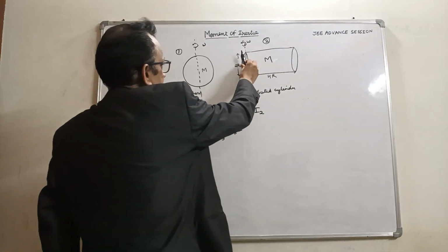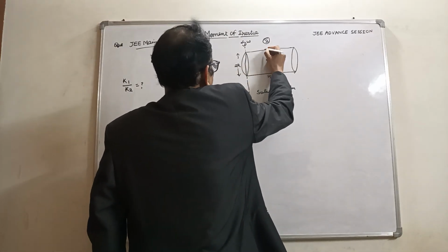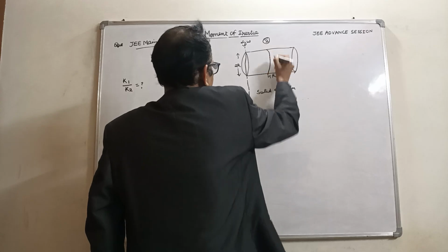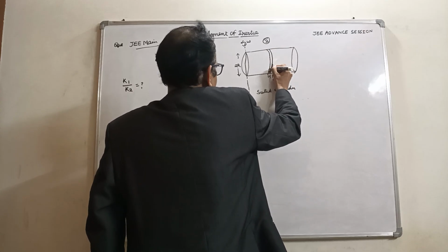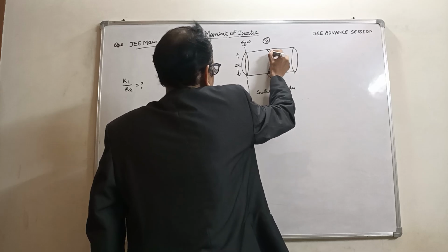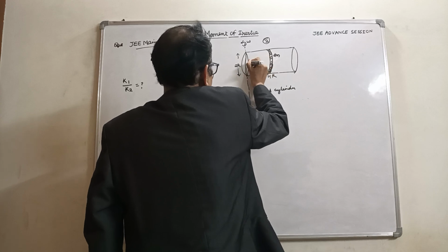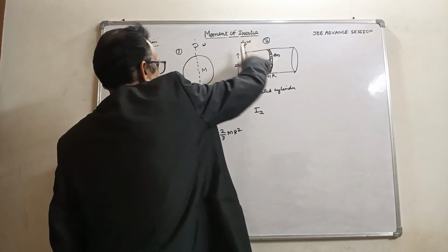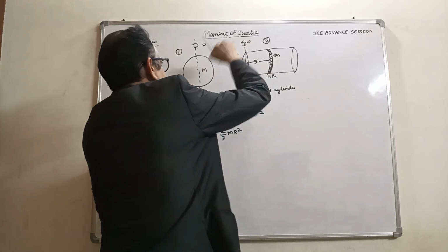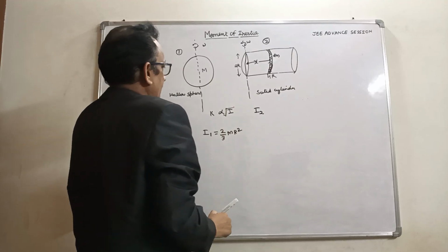So here this is mass m, so we take a dm mass strip here. This cylinder is rotating diametrically here.